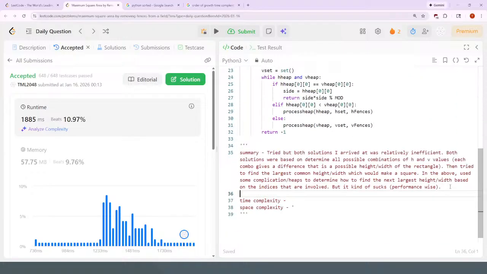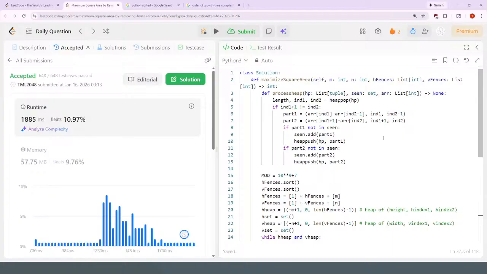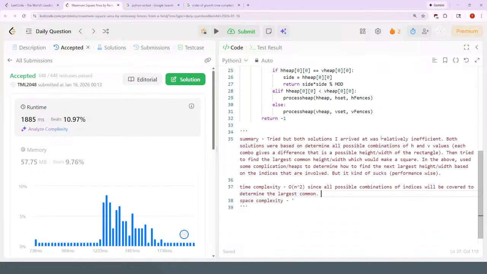Anyways, time complexity, this is going to be, again, O of n squared, since all possible combinations of indices will be covered to determine the largest common one. There is some sorting that occurs, but that's O of n log n, and that's going to be faster than O of n squared, so O of n squared dominates.